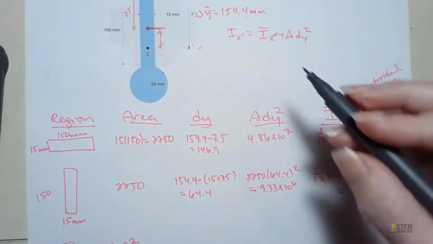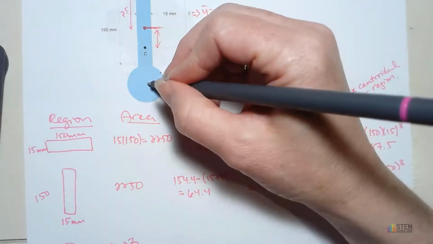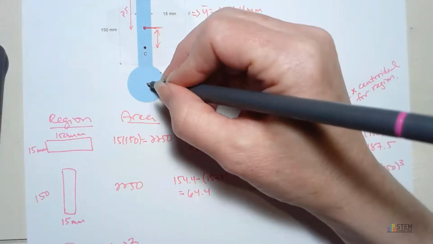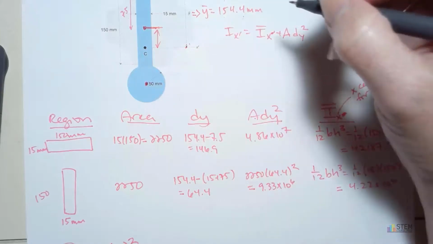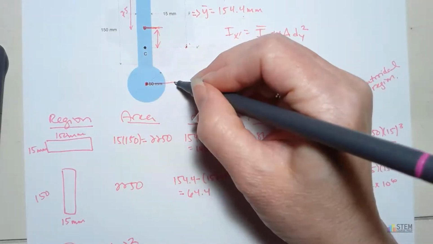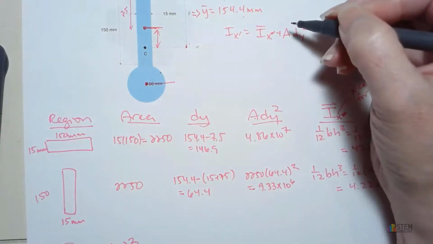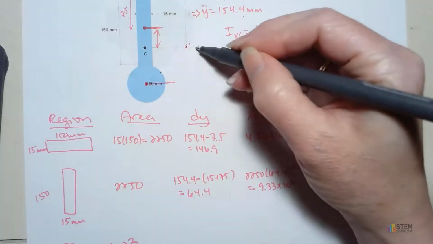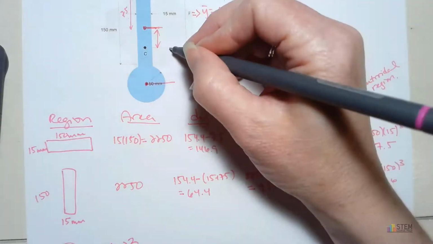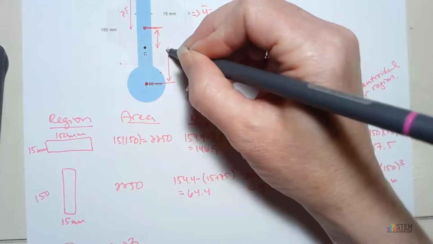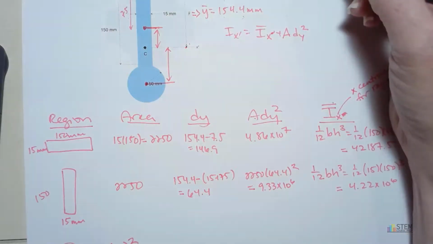So for this one, if we look back up here, we need to find the centroid of this circle, which is obviously right in the center. And we want to draw an x-axis through that because we want one that's parallel to x prime. Now the distance we want is that distance right there.